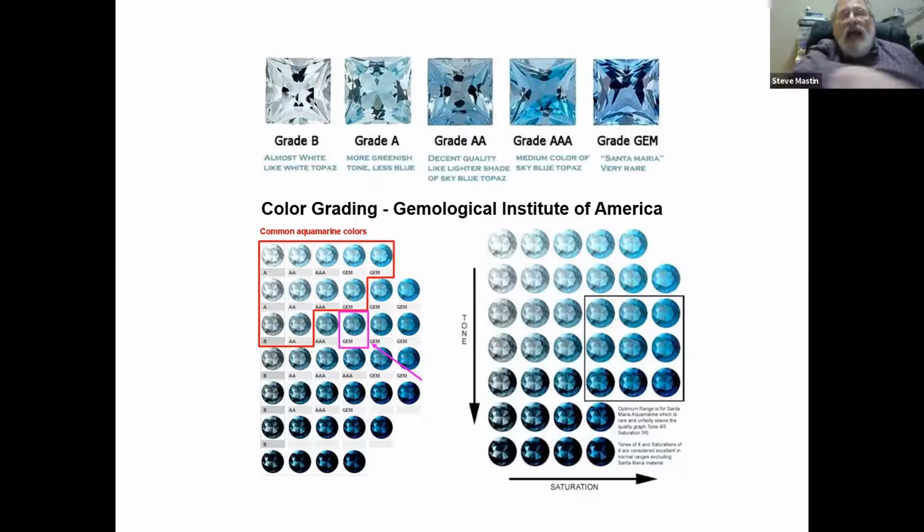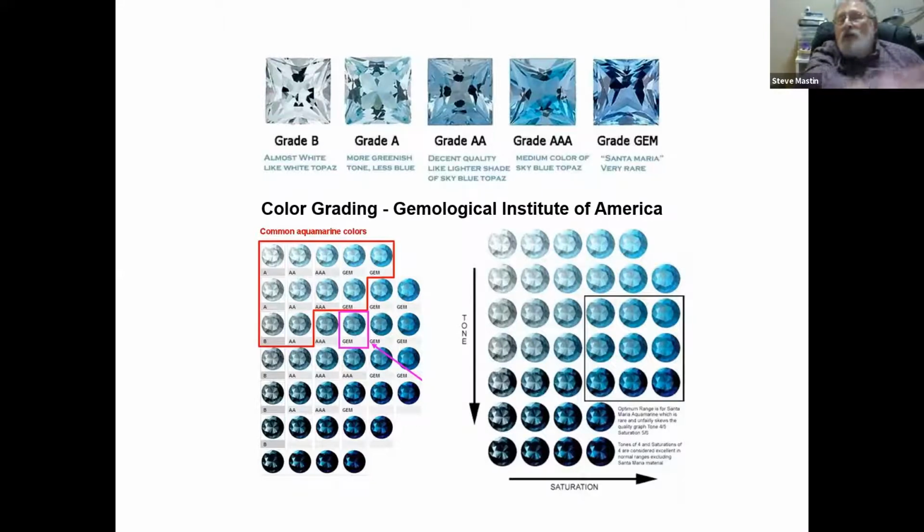And as you get a darker color blue, they increase in value until you get to gem grade, which is Santa Maria, and almost nothing fits that category. So unless you go to a really fancy jeweler, you're never going to see anything more than a AA, or maybe if you're lucky, a AAA in a smaller stone.